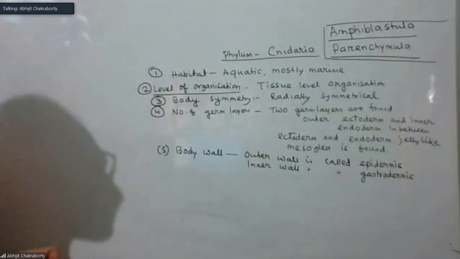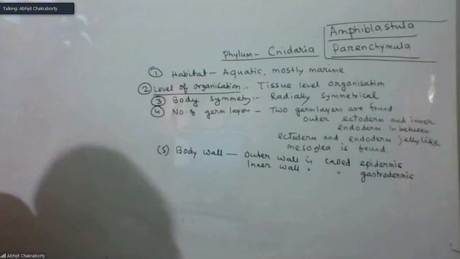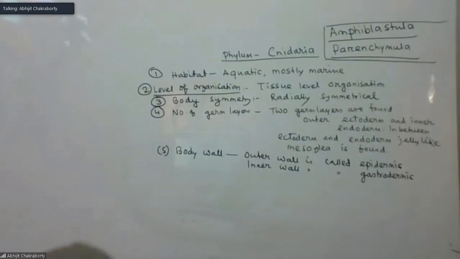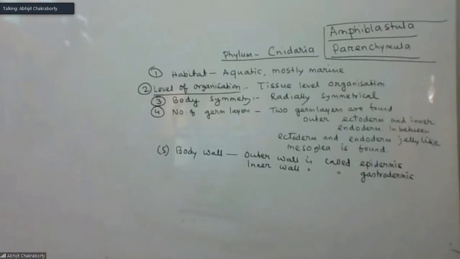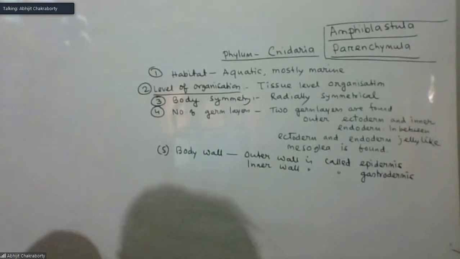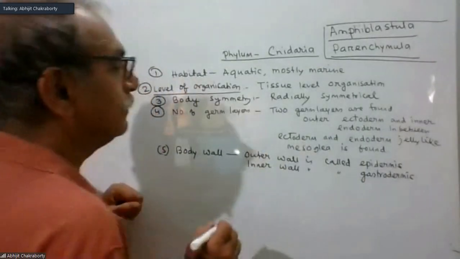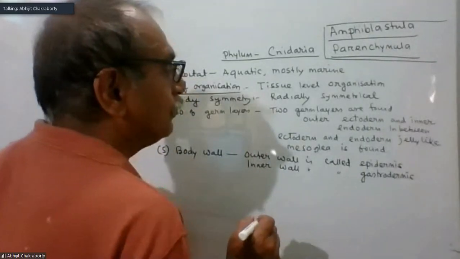Inner wall is called gastrodermis. An interesting layer is the gastrodermis. Two types of cells are present here. One is the gland cell, and the other is the gastrodermis. I have to show you this.